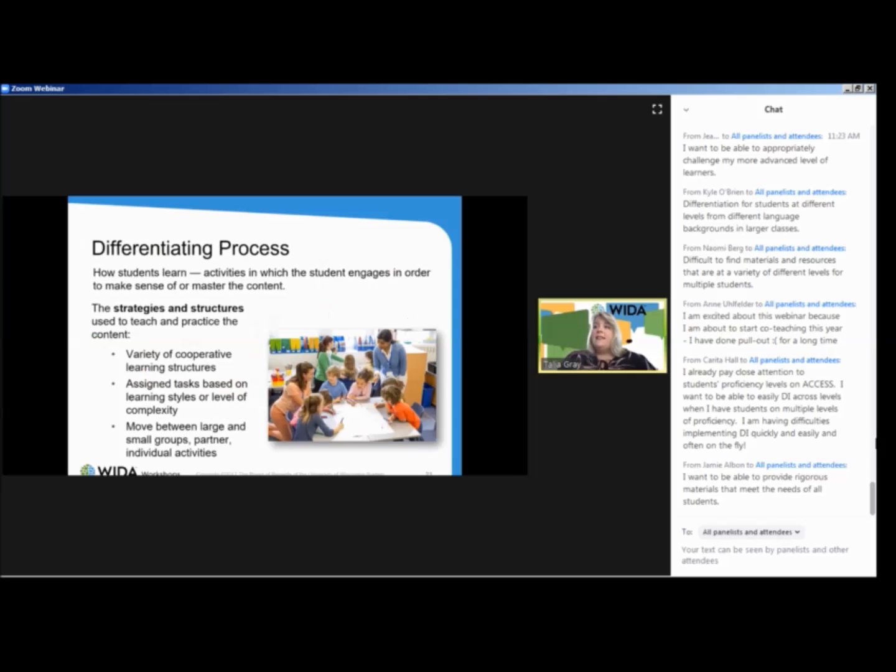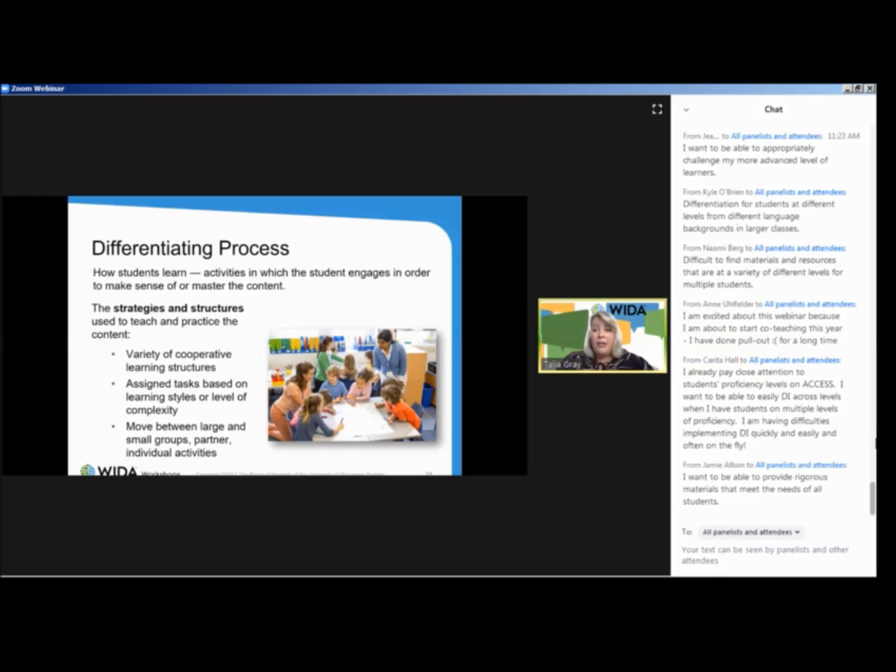So next, let's talk a little bit about differentiating process. Now, process is how students learn. So these would be activities in which the student engages in order to make sense or master the content. Some of the strategies and structures used to teach and practice the content would be a variety of cooperative learning structures.